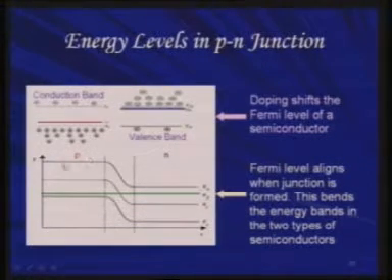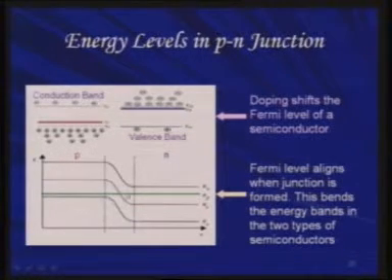So when we are joining the p-type and n-type semiconductors, you see there is a difference between the Fermi levels here. But whenever any two materials are joined, the property of solids is that the Fermi level tries to match. That means in this case, with p-type and n-type, we get a Fermi level which is matched. As you see, this Fermi level was here, near the conduction band, and here the Fermi level is near the valence band.